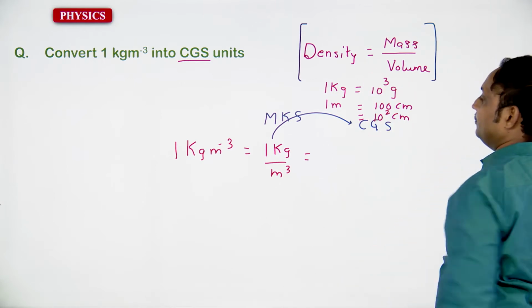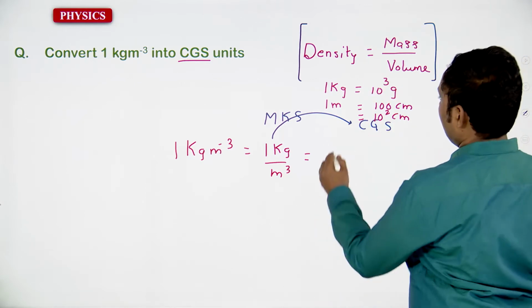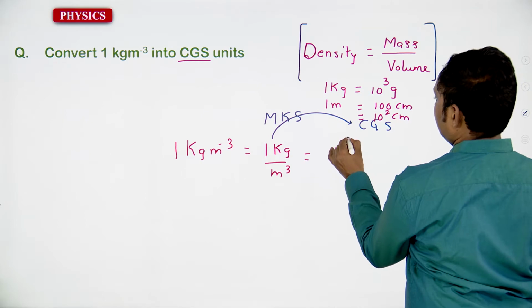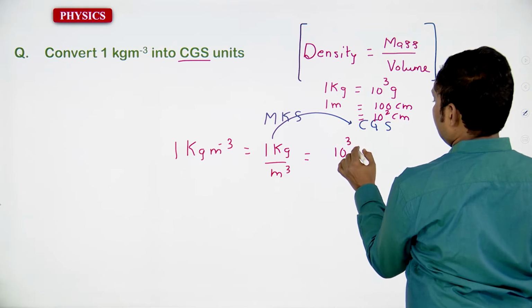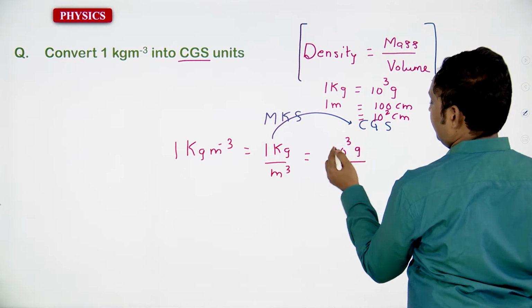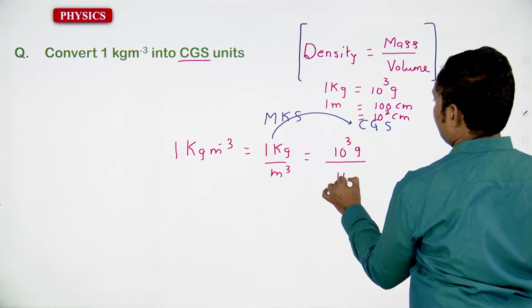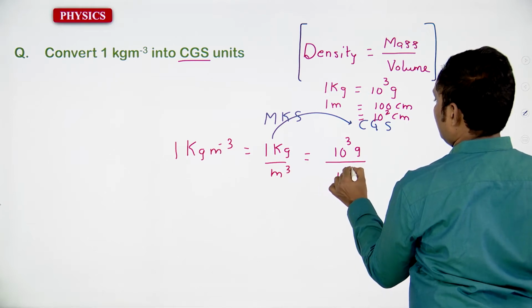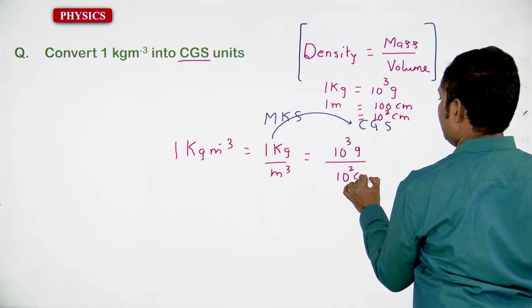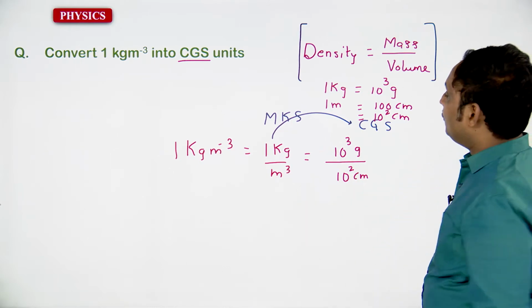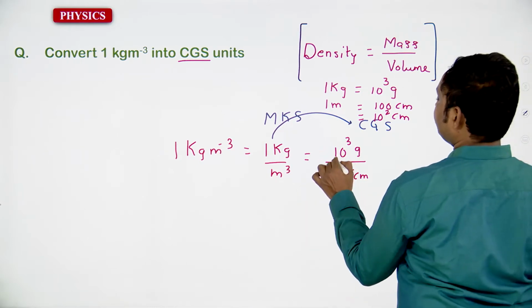Just write that down. This is very clear. Therefore, 10 to the power of 3 grams by 10 to the power of 2 centimeter.